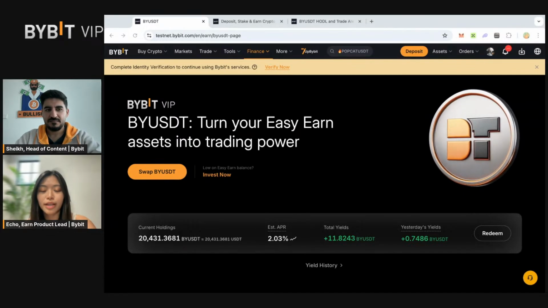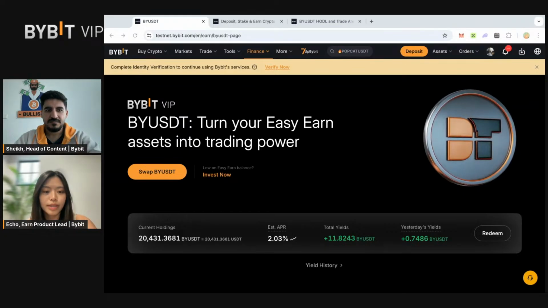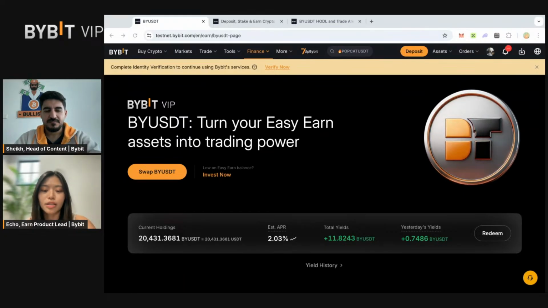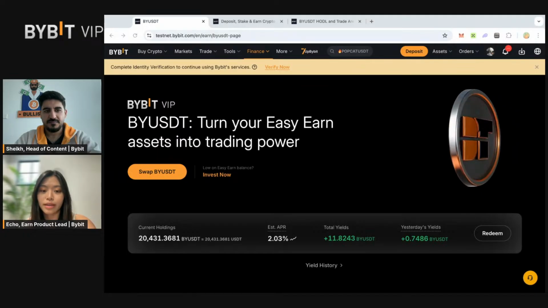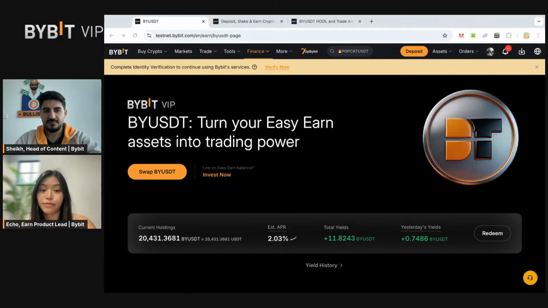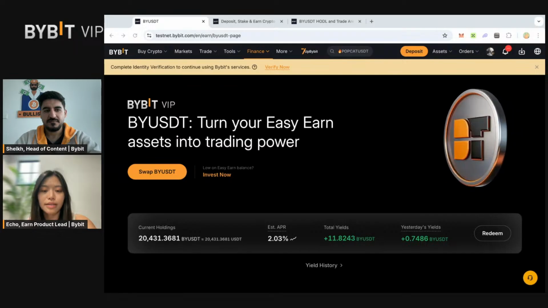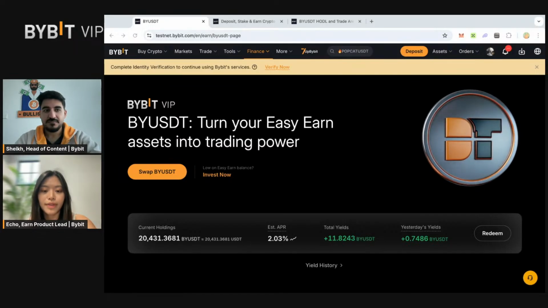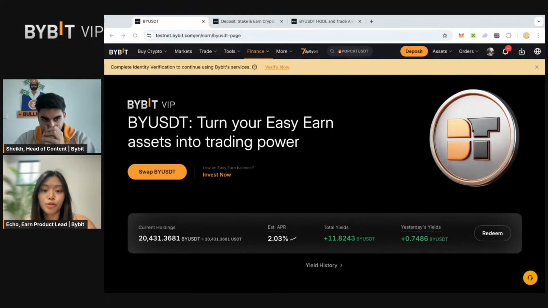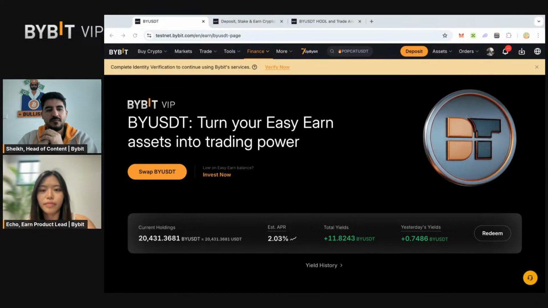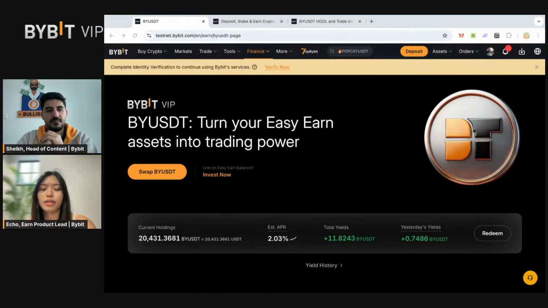What you can do now is swap your USDT to BuyUSDT. So even when you are doing nothing, your USDT is earning money for you. It will share the exact same APR as flexible Easy Earn. That's for traders. But if you are an Earn user, you don't trade all the time.